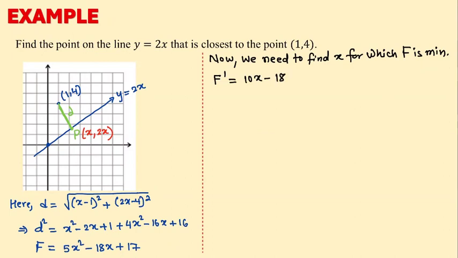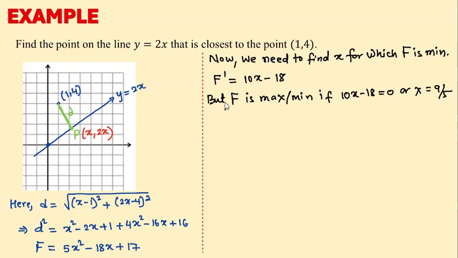And we know that the maximum or minimum value of this function occurs when the first derivative is 0. So f is maximum or minimum if the first derivative, 10x minus 18, is equal to 0, or x equal to 9 over 5 if you solve that equation.